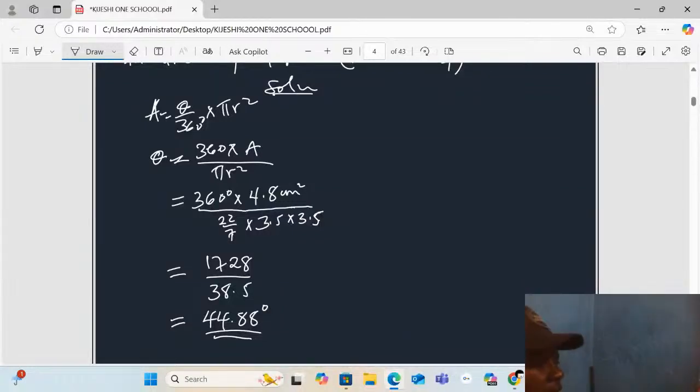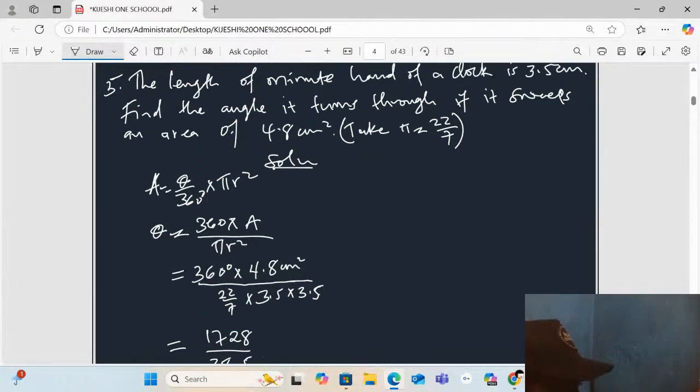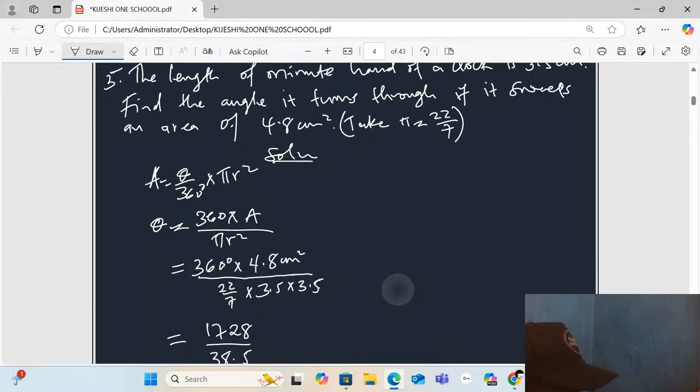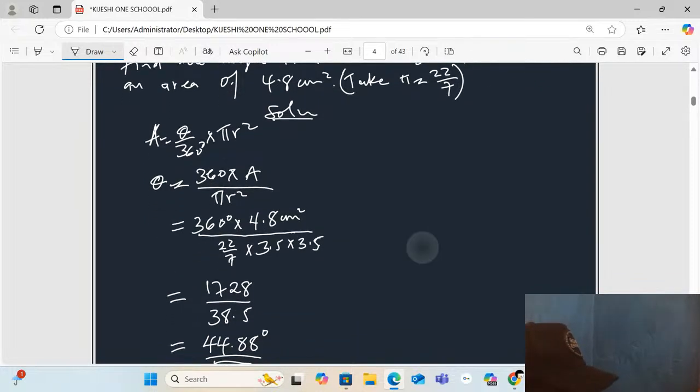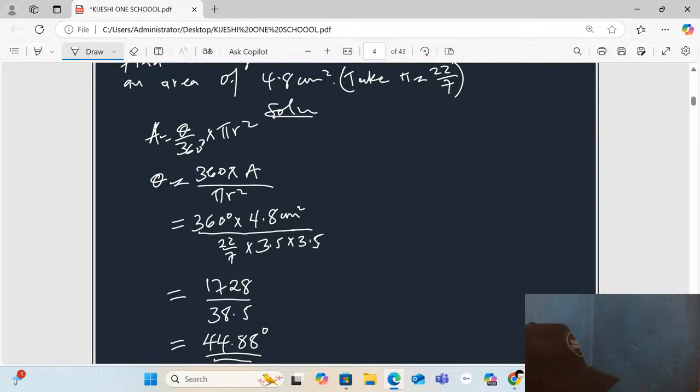So this is now the angle the minute hand moves through to cover an area of 4.8 square centimeters. It moved at an angle of 44.88 degrees for it to make that 4.8 square centimeters. That is how simple it was.